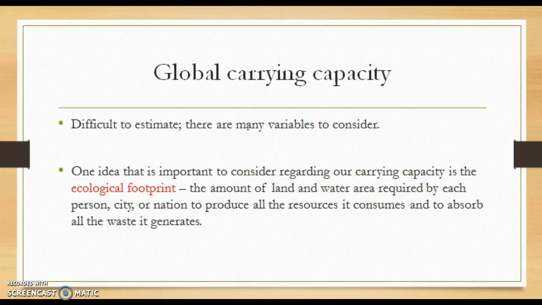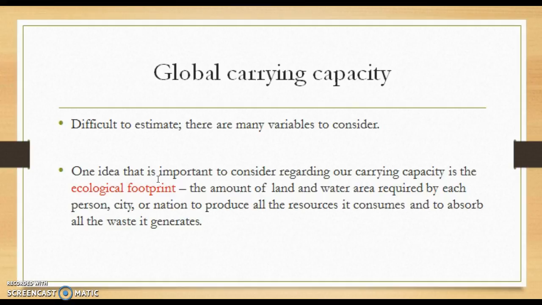One thing that we should consider, though, is the ecological footprint in regards to all people, which is defined as the amount of land and water required for each person, city, or nation, depending on what scale you're looking at, to produce all the resources necessary to survive and to absorb all the waste it generates.